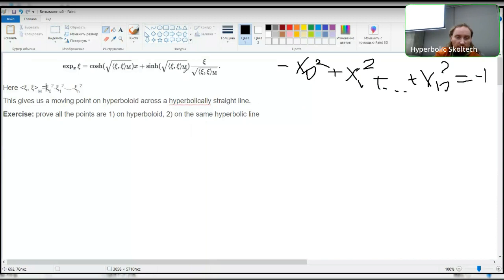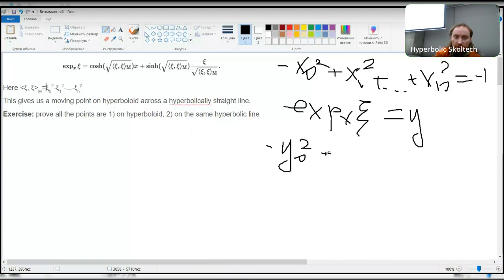Actually, this formula should be correct. So let's check that this thing y is satisfying this equation.